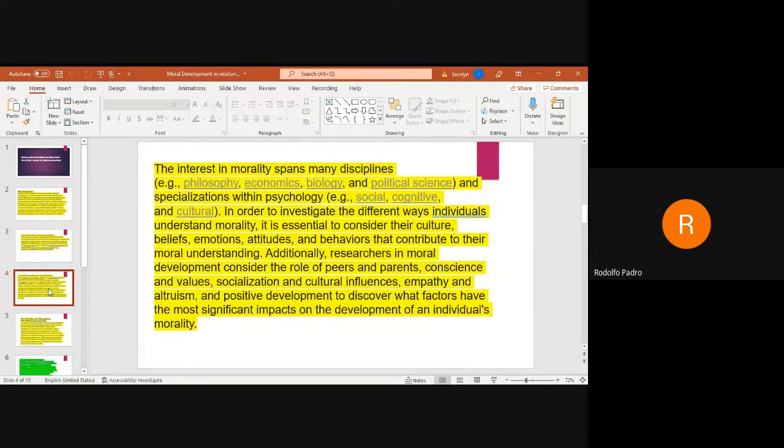So the interest in morality spans many disciplines. We have philosophy. When we discuss morality, what is associated with it? Philosophy, of course, which is the origin of morality. Next, we have economics. There's also a discipline of morality when you speak about economics, with the understanding that a human being is also an economic being.